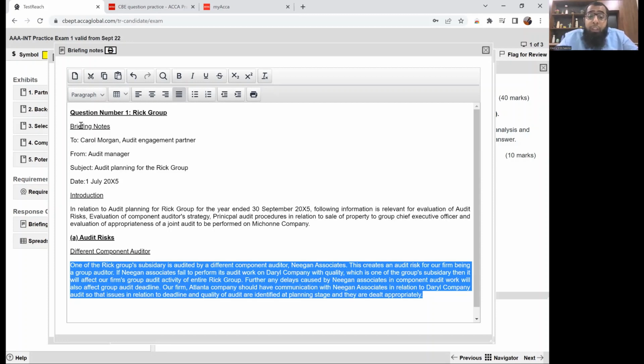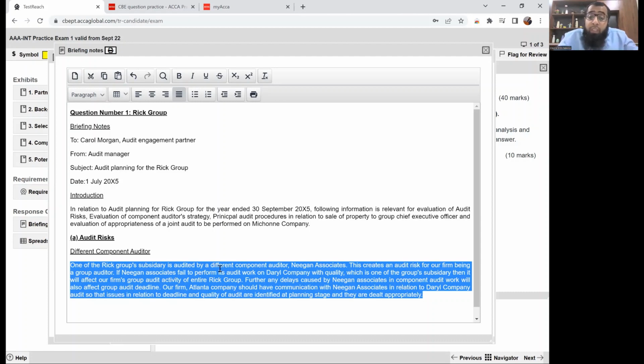One of the RIG group subsidiaries is audited by a different component auditor, Negan Associates. This creates an audit risk for our firm being a group auditor, because if the component audit work is not done properly, then it will affect the group audit quality also.